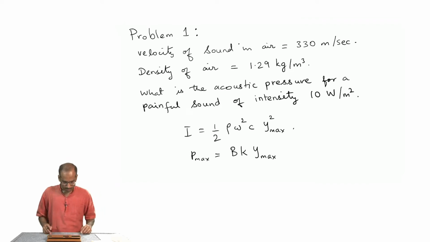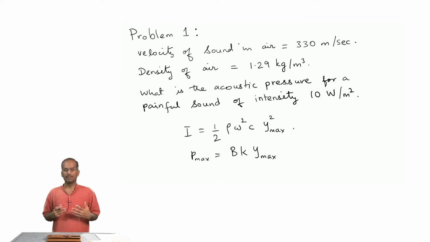So, you will notice one thing, that I have been using this eta and y interchangeably. For me, both are displacements, both are longitudinal displacements. If you want to fix your ideas, you can think of them as longitudinal displacements of a parcel of gas, for example.